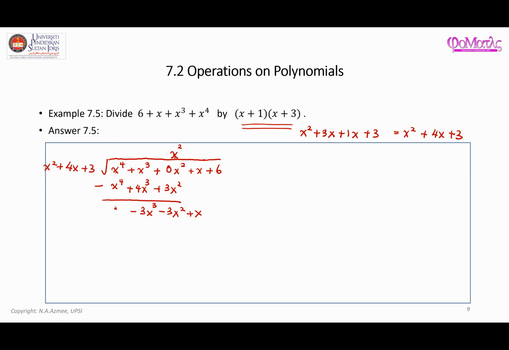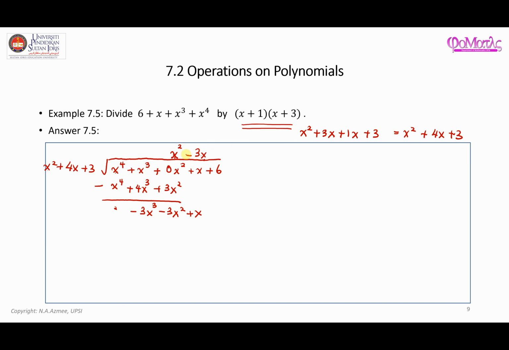So I need to find the value here such that when I multiply with x squared, I will be able to get the same term as negative 3x cubed. So obviously the choice is negative 3x.